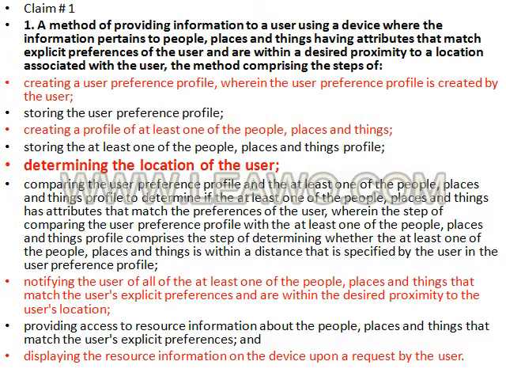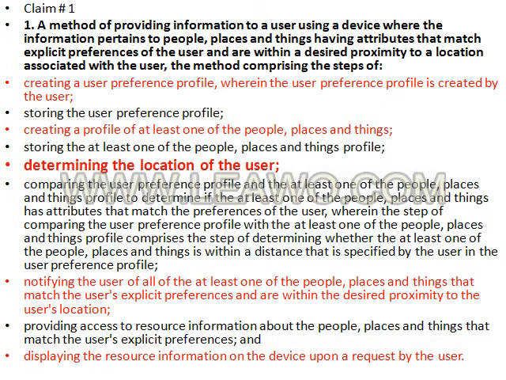The next one, providing access to resource information about the people, places, and things that match the user's explicit preferences. So after you're notified, it basically provides you access to resource information. For example, for the Zillow mobile app, it searches for houses and rentals and stuff like that within your proximity.